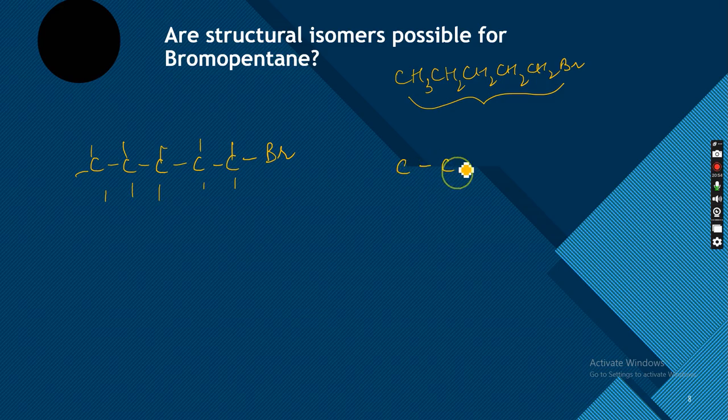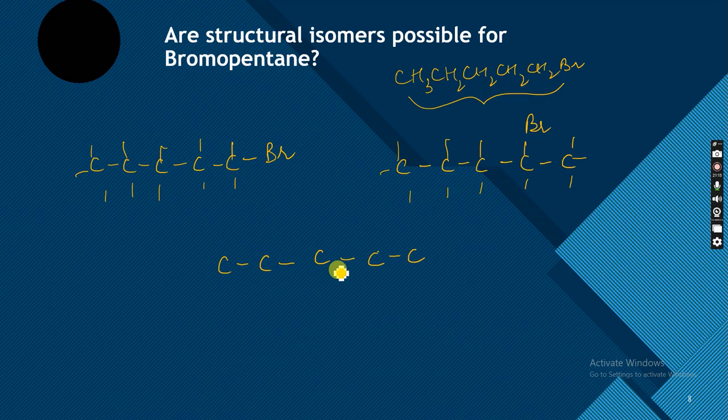You put the bromine on a different carbon. 1 2 3 4 5. Here you put the bromine, this is another one. Rest all you put the hydrogens. This is one isomer. Another one, what you can do is put the bromine here on the third carbon, 1 2 3 4 5. So there are 3 isomers for bromopentane.